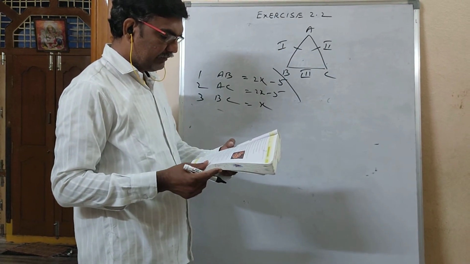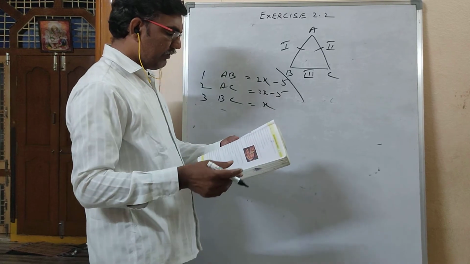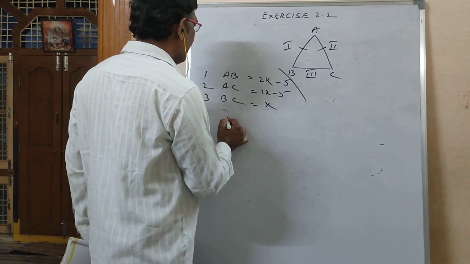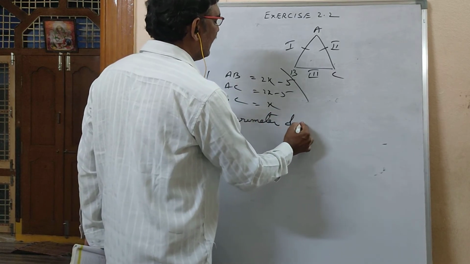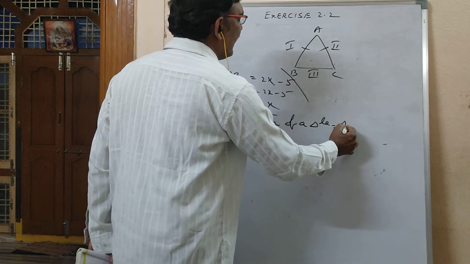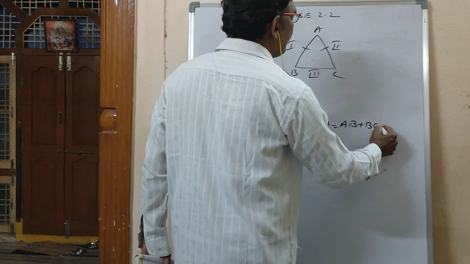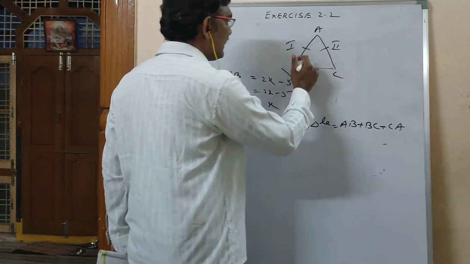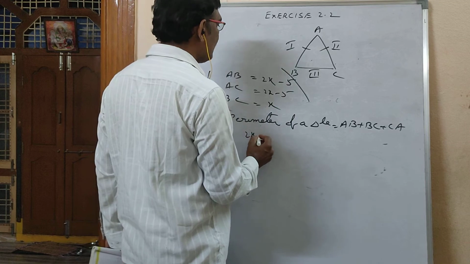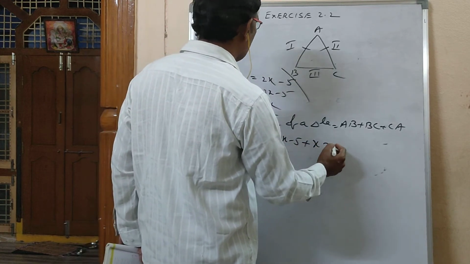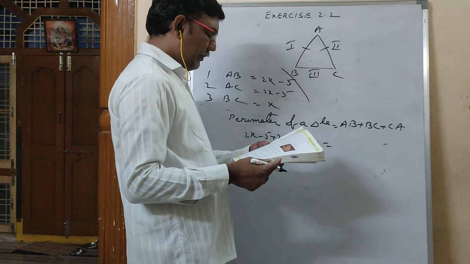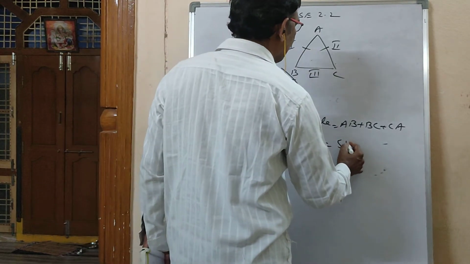Now what is given? Perimeter of the triangle is 55. Formula for the perimeter of a triangle is AB plus BC plus CA. All the sides you have to add. So 2x minus 5 plus 2x minus 5 plus x is equal to 55 meters, given.